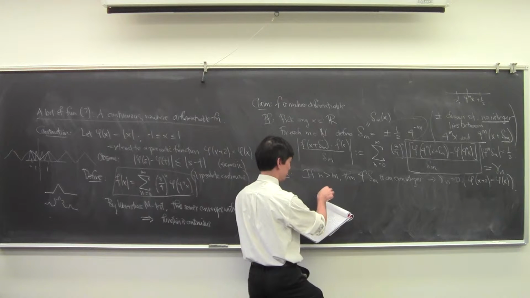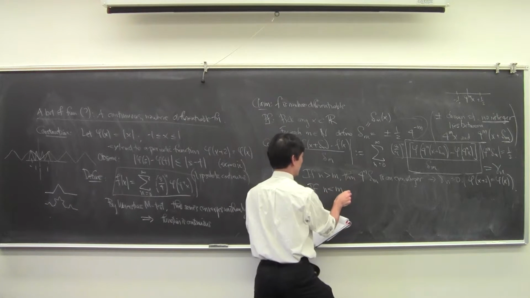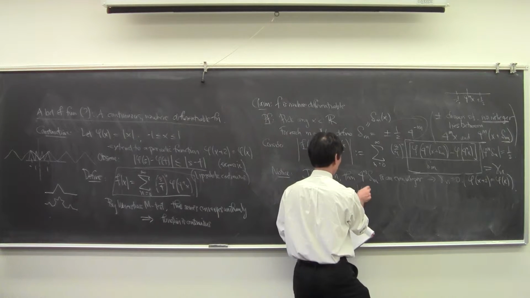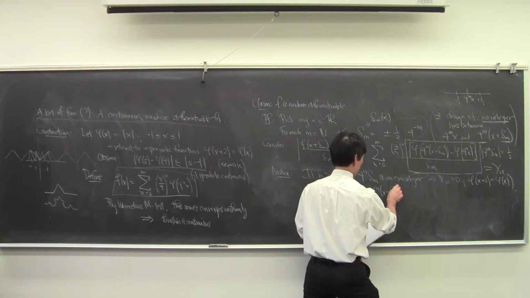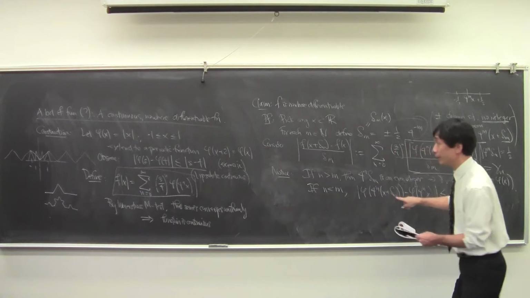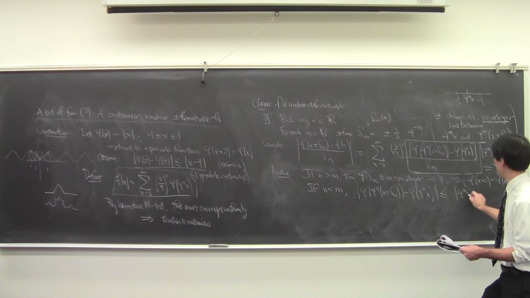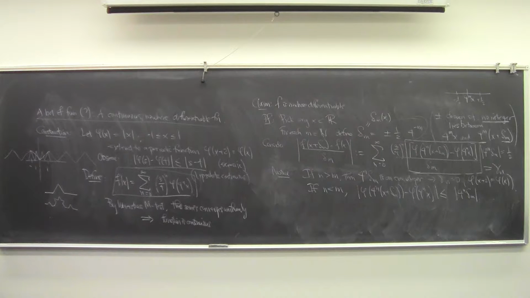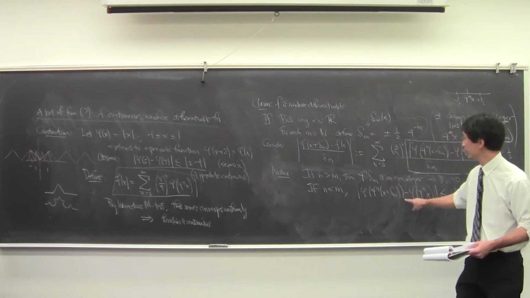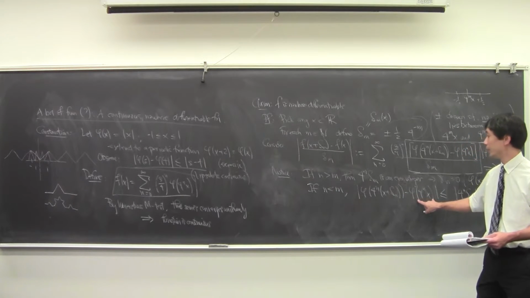Second thing to notice is that if n is less than m, then by the Lipschitz property of phi, you know that phi of (4^n x plus delta m) minus phi of (4^n x) is smaller than the size of the difference between the inputs.